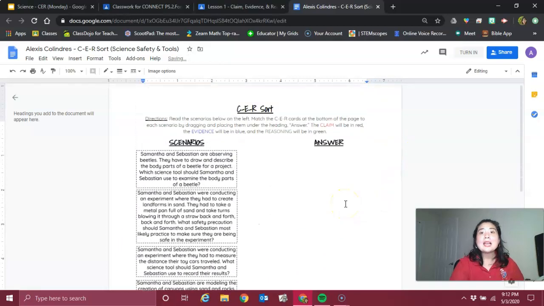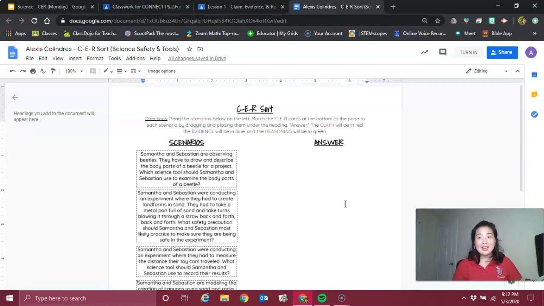Okay, now I have to remember that the claim will be in red, the evidence will be in blue, and the reasoning will be in green. All right, I understand the directions now.